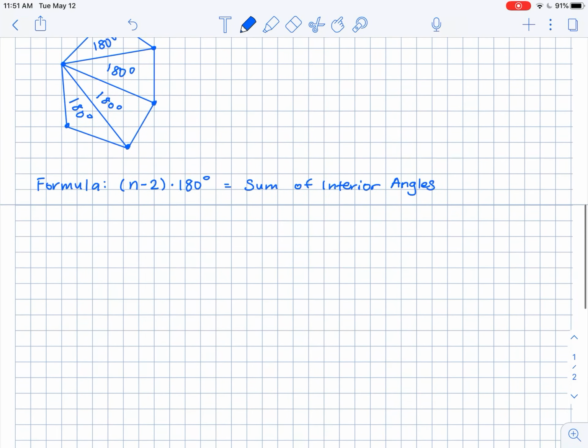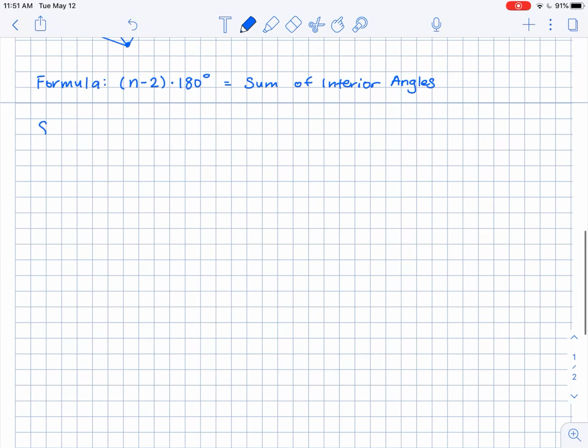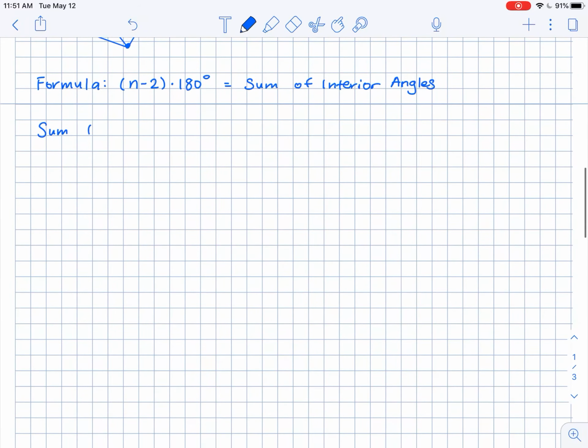I'm going to jump to the sum of exterior angles. Alright, so the sum of exterior angles. Okay. All these polygons we are looking at are convex polygons.